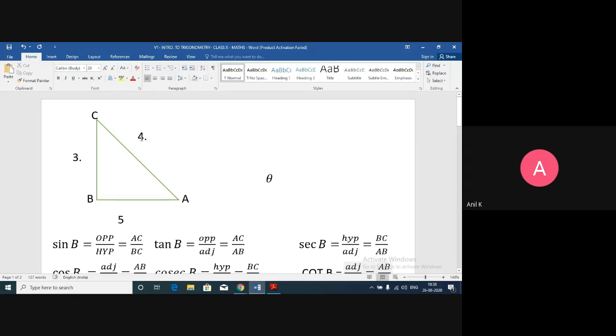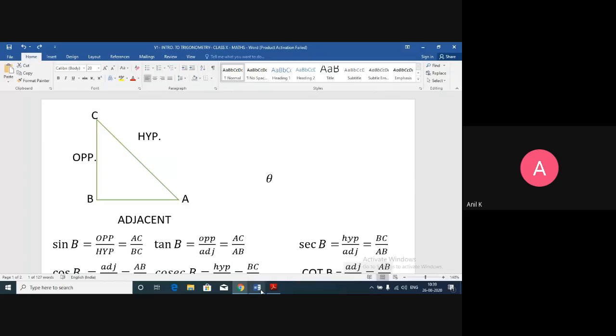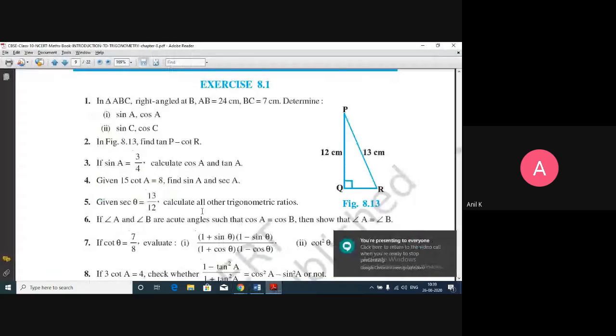Here hypotenuse is 4, so the adjacent, the AB value, will be less than 4. It will be under root 16 minus 9, that is under root 7. So the AB value will be under root 7. Please be careful. Is that clear? Don't write blindly that it is 5. Yes, root 7. I asked the question, and I knew you would give me the answer 5.